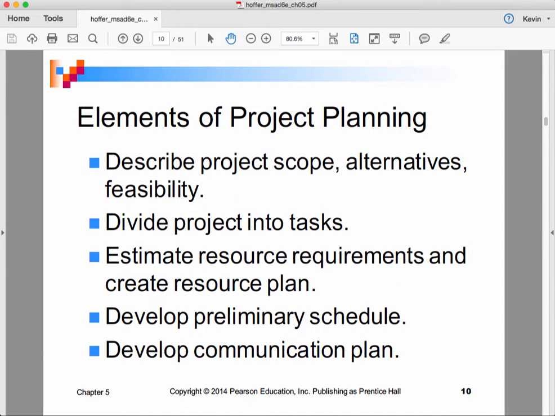Well, let's back up and look. We would develop the product vision statement. Okay, we would identify user stories, which would identify the features that we are interested in.